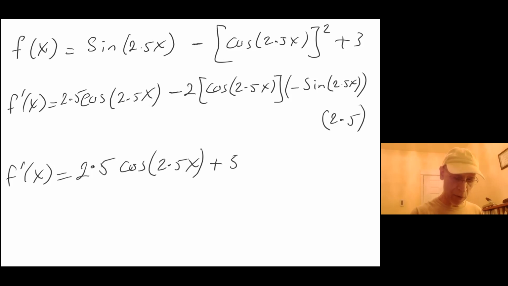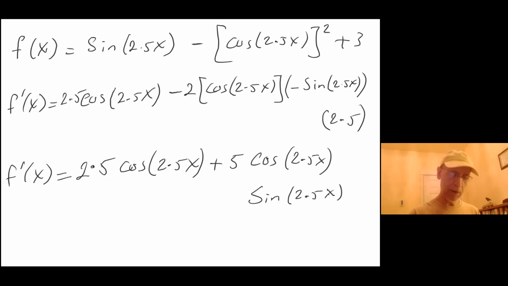Then I have cosine of 2.5x times sine of 2.5x. Okay, so notice that I can go ahead and factor a 2.5 cosine of 2.5x out, because I have it here and I have it in here.